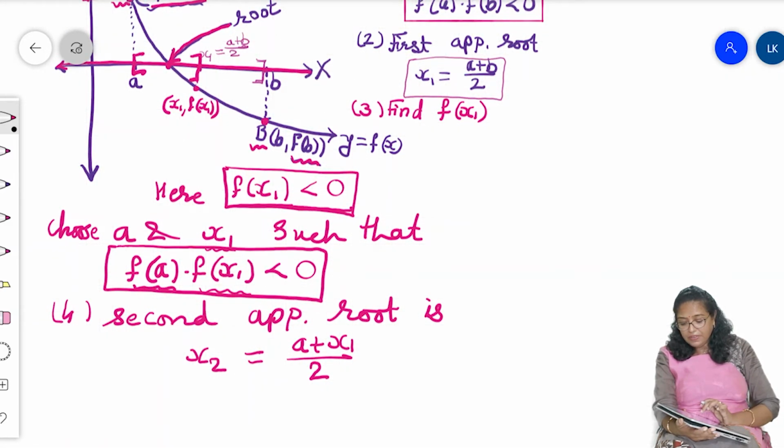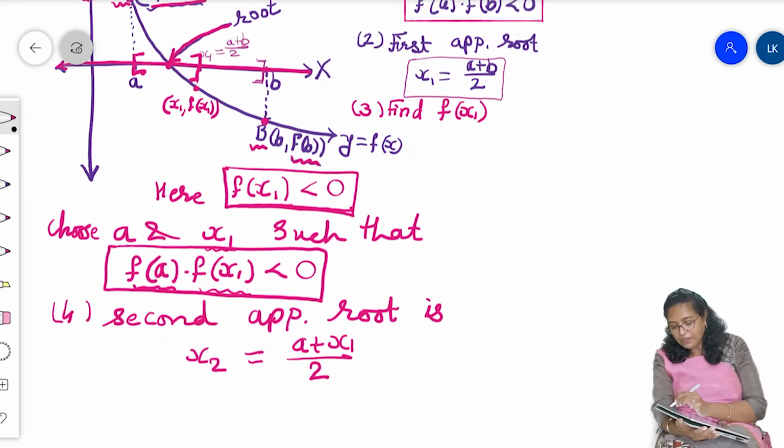What is our interval? Our interval is a to x1. Clear? Therefore, x2 equals (a plus x1) divided by 2.